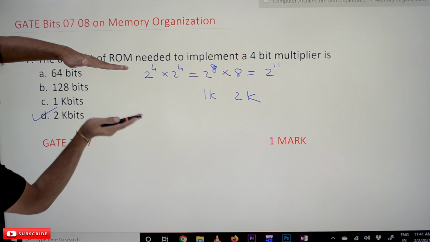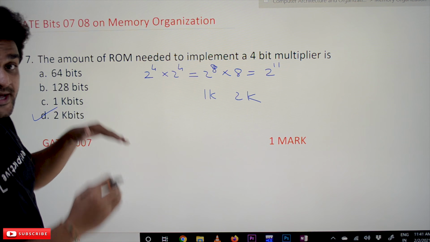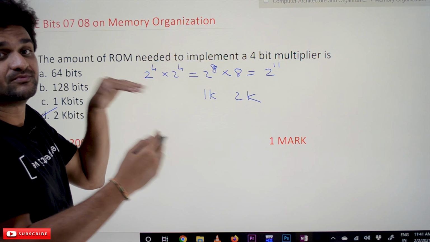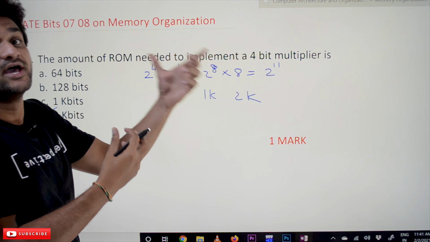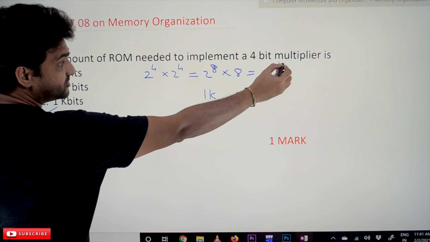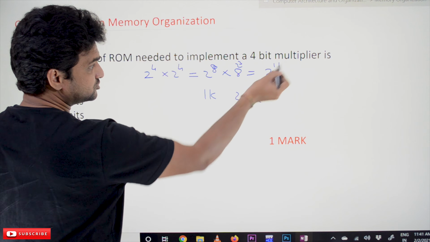So if you consider the combinations as rows, it is 2 power 4 into 2 power 4 rows, and each row is going to have 8 bits, because if we multiply two 4-bit numbers, the result has 8 bits. So 2 power 8 into 8, which is 2 power 3, gives 2 power 11.